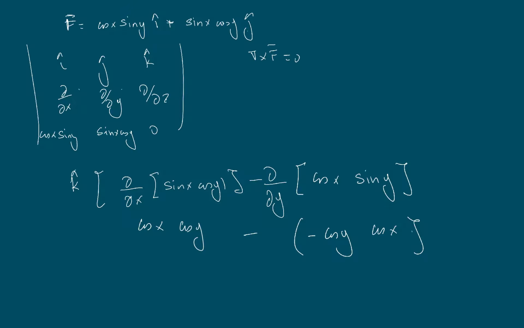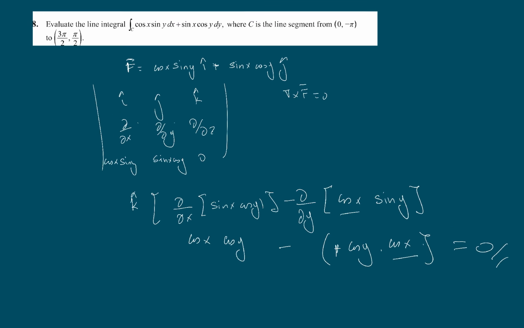Now, the derivative with respect to y of sine of y is cosine of y, multiplied by the constant cosine of x, that will be treated like a constant, and this is zero. Okay.